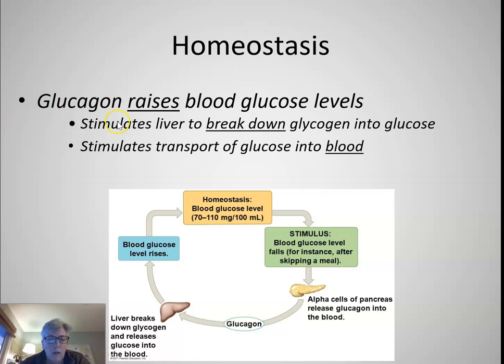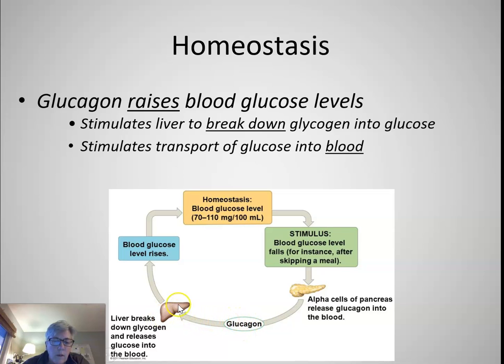Let's talk about glucagon first. Generally, glucagon raises our blood glucose levels. So here's our stimulus. We haven't eaten for a while, we've skipped a meal perhaps, so our blood glucose levels go down, that's the stimulus. The alpha cells of the pancreas are signaled to release glucagon into the blood, so that's our hormone.